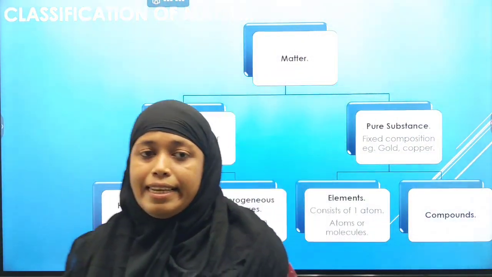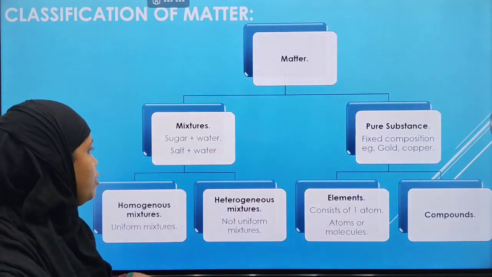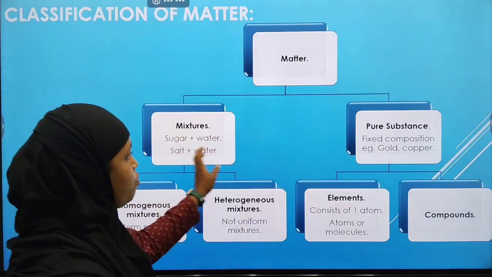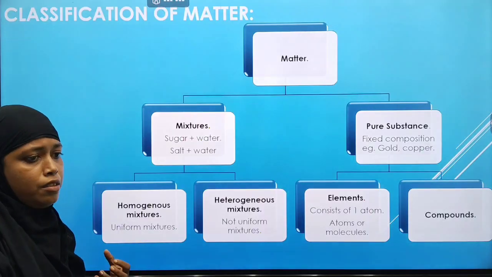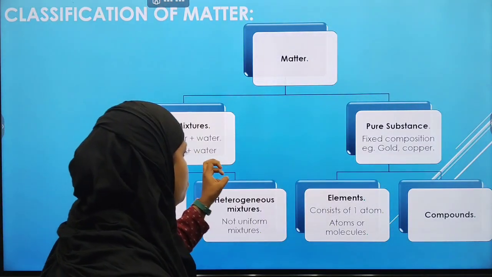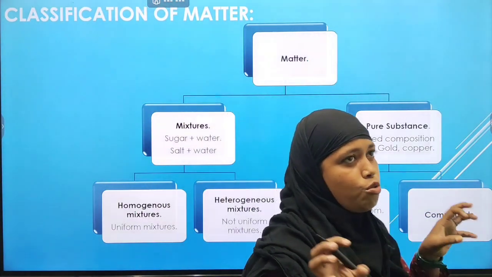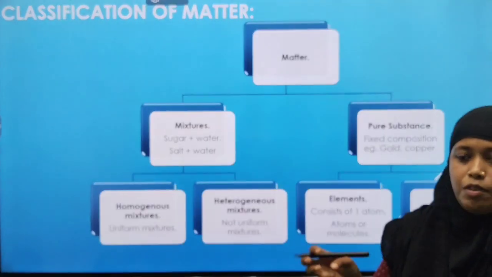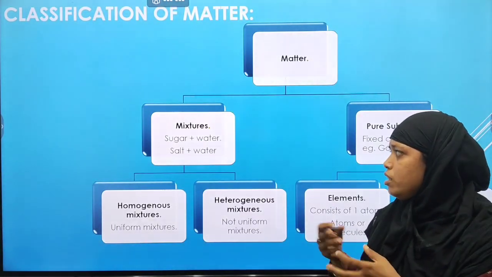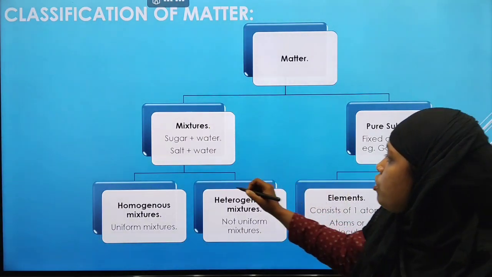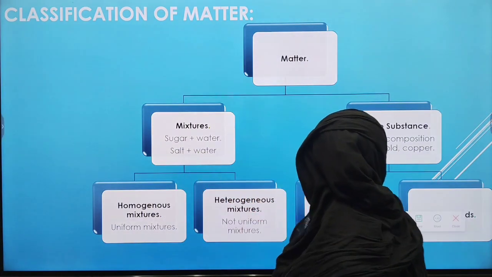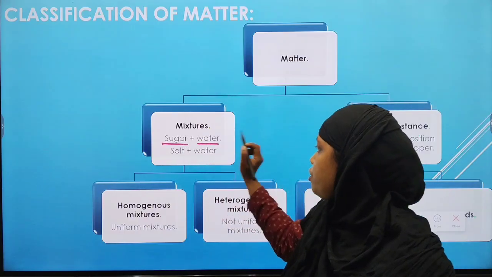Now we'll learn about the classification of matter, how matter is classified. First, matter is classified into 2 types: mixtures and pure substances. A mixture is when we have two samples and we mix them together. Here I have given an example of sugar and water.